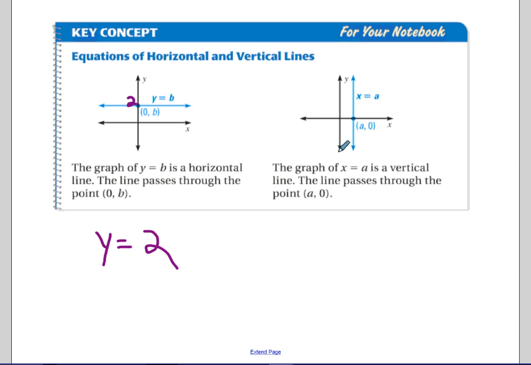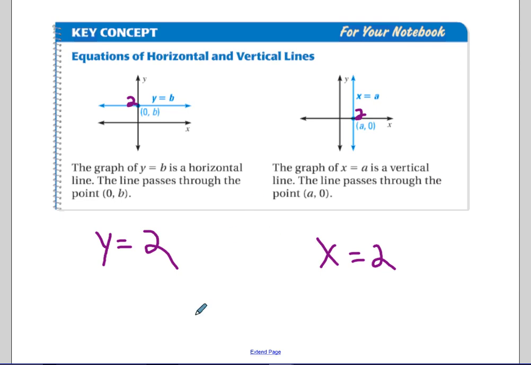If you have an equation like x equals 2, then you would draw an up and down, or vertical, line at 2.